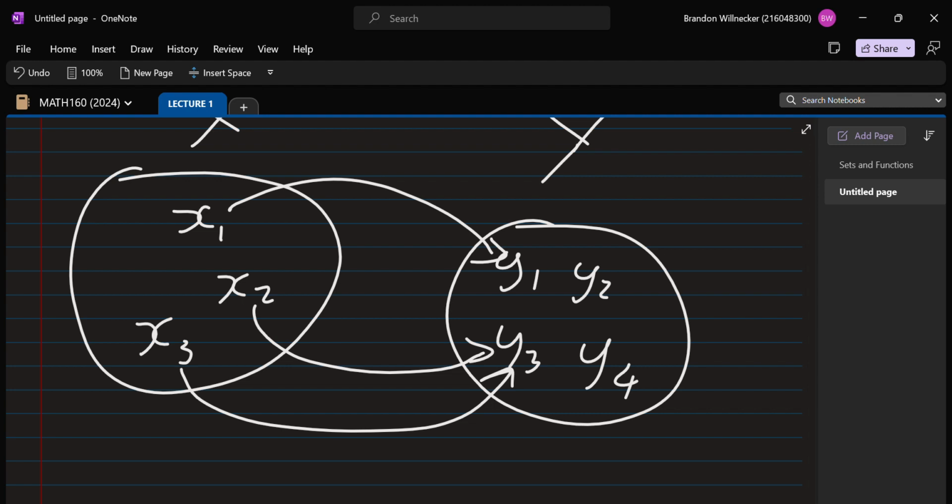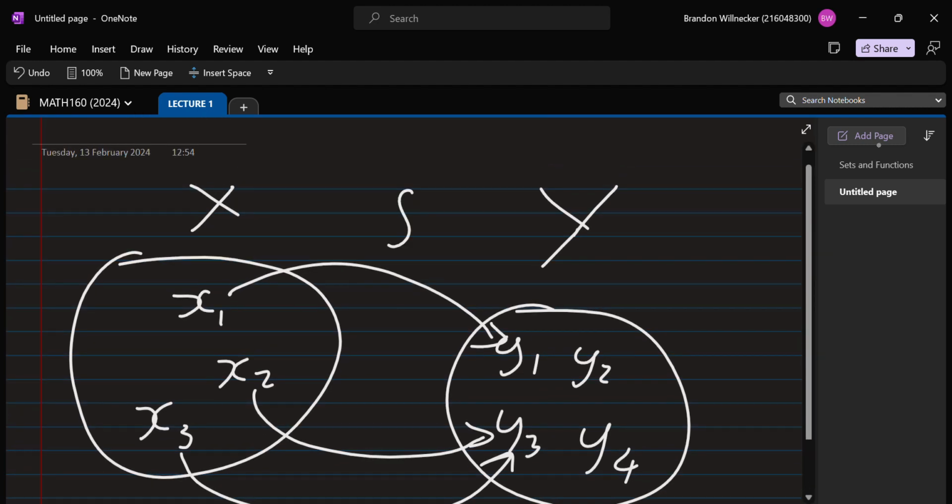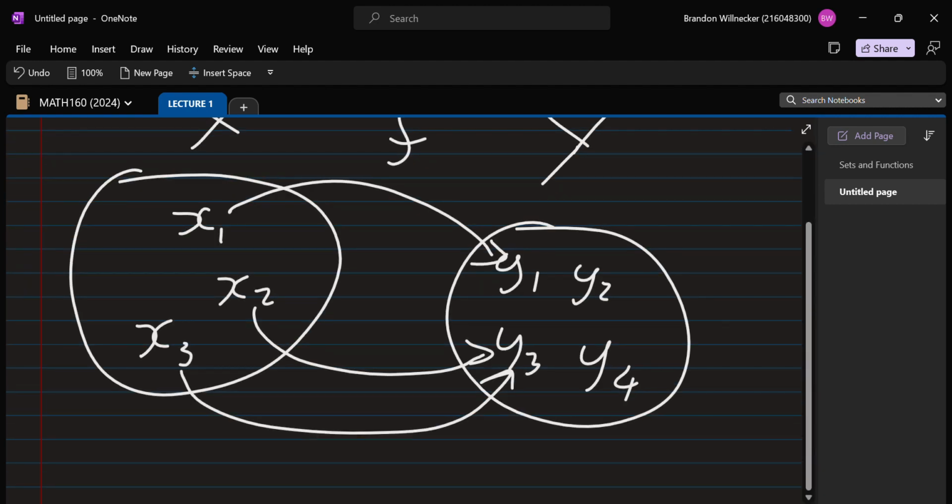Let's make it look more like what you did in high school. Let's give this function a name. Let's call it f. F for function. Now, I don't want to draw these circles every time I want to share this function with someone. So instead of drawing a picture, we're going to write it like a mathematician would.